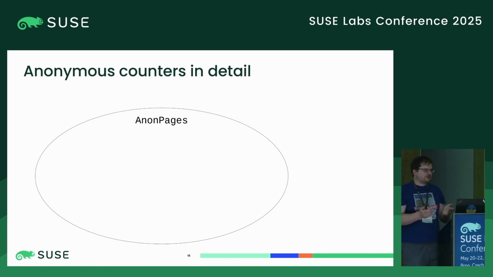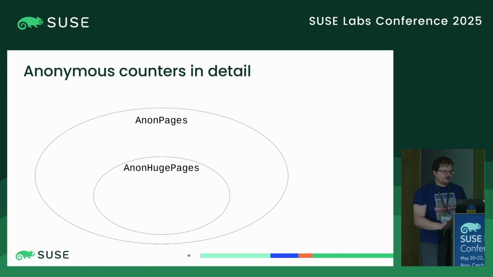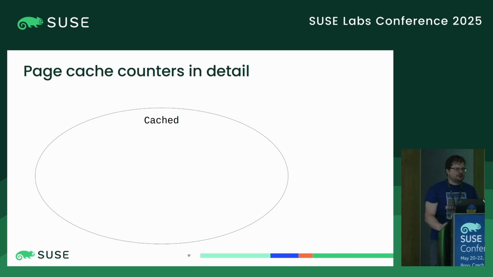We have a counter of anonymous pages, those created by mmap with anonymous and private. Some of them will be transparent huge pages, so there's another counter for that, and there's this clear subset relation.